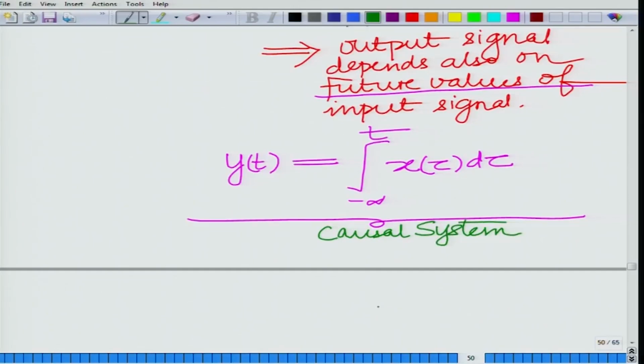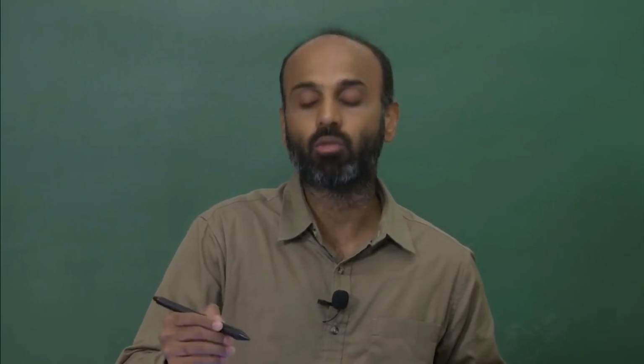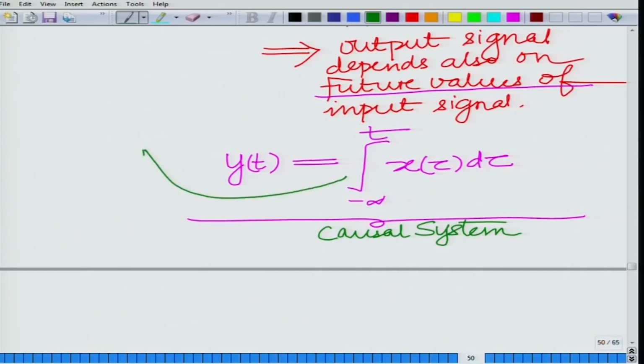This is a continuous time causal system because y(t) depends on x(tau) for all tau less than or equal to t. That is the important property here.